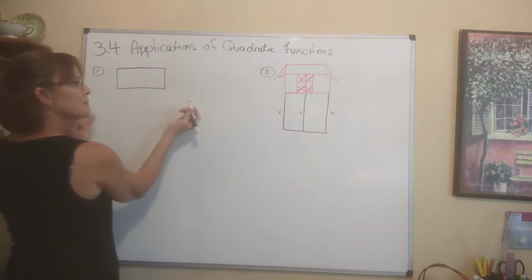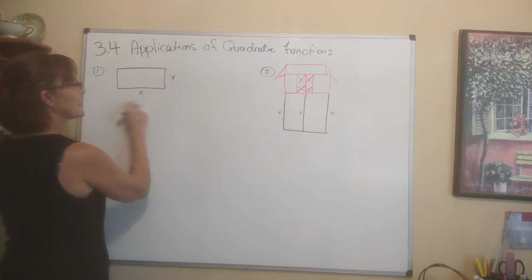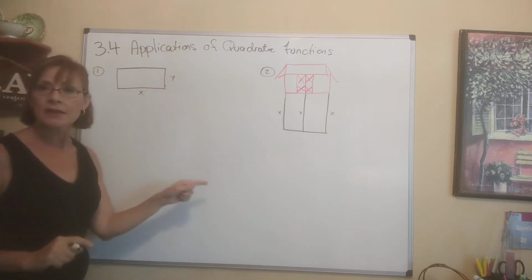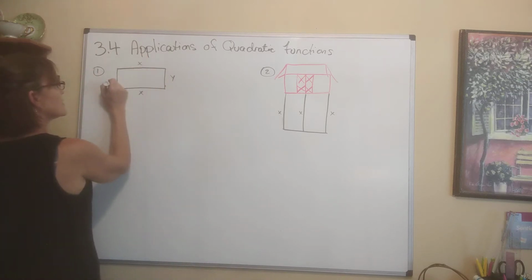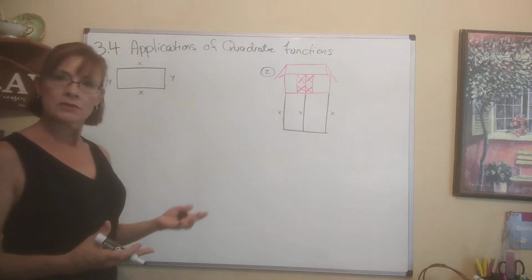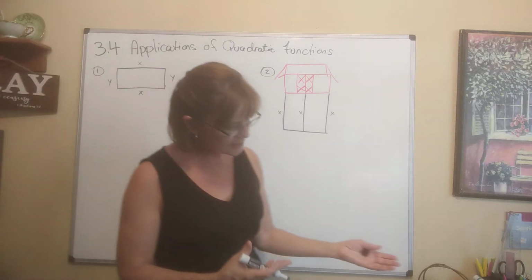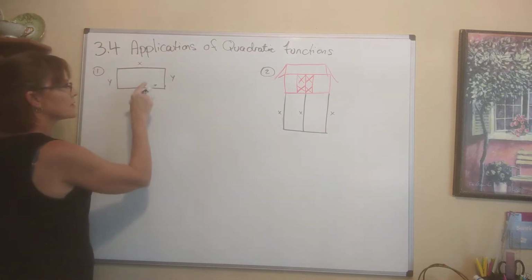So let's begin to label some variables. Let's call this length x and this length y. Since it's a rectangle, we know that this is also x and that this is also y. So we can come up with a formula using the 80 feet of fencing, saying the perimeter, which is always just the distance around something.